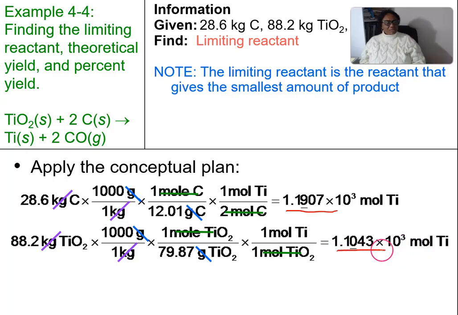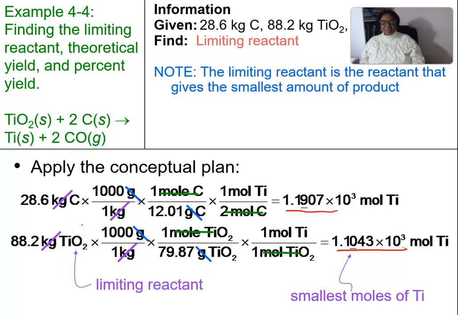So this amount is smaller than the other, which shows that titanium 4 oxide is our limiting reactant, and the theoretical yield is 1.1043 times 10 to the 3 moles of titanium.